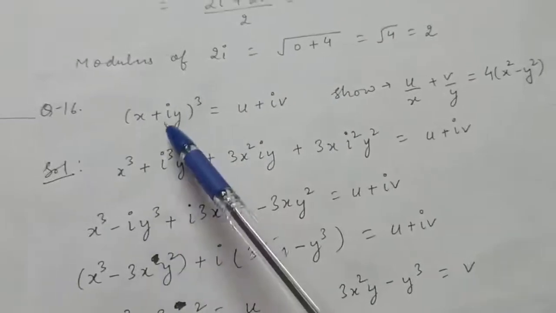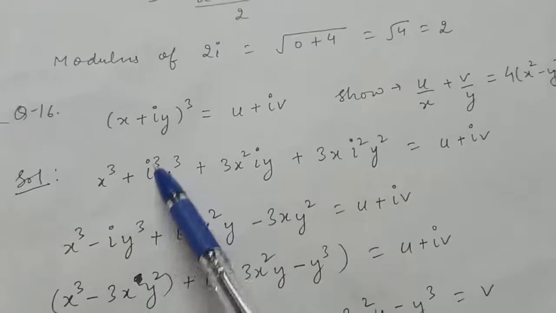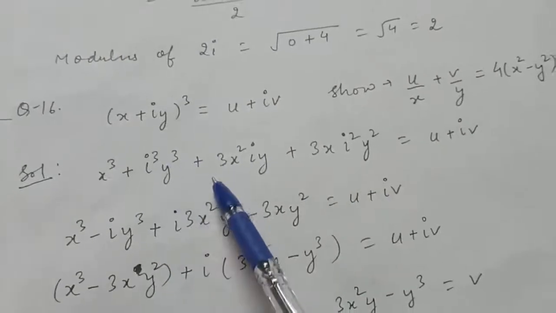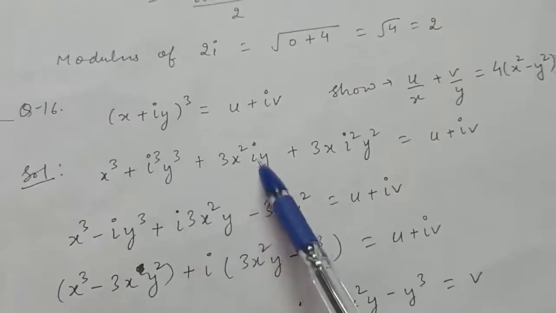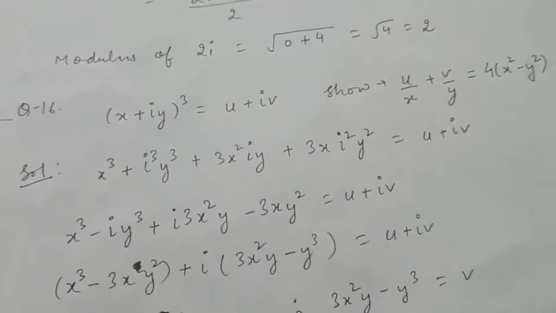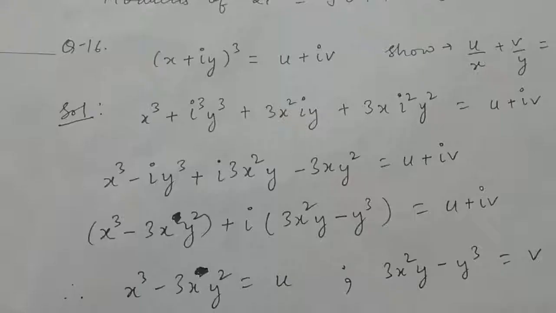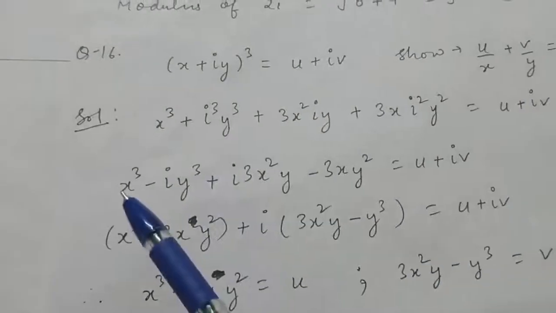So solve this cube, you will get a cube plus b cube, which is iota cube y cube, plus 3a square b plus 3a b square, which is iota square y square, equal to u plus iota v. So it is equal to x cube.